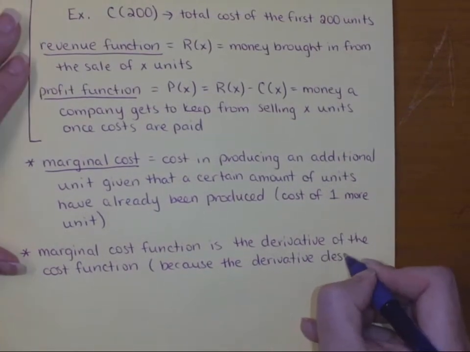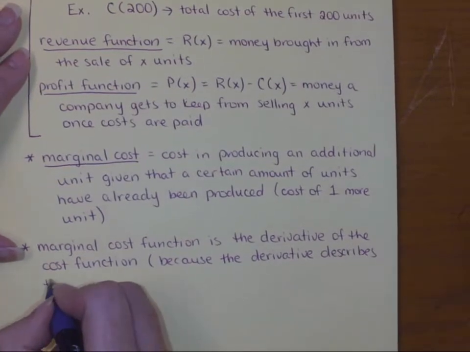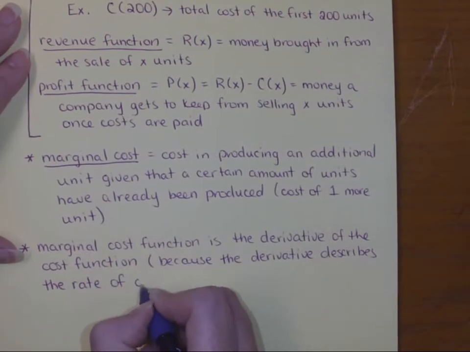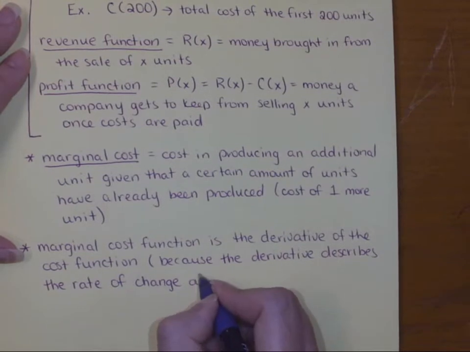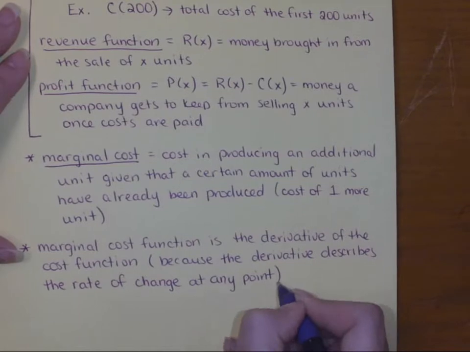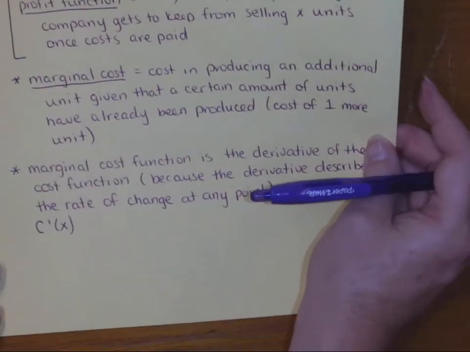So the derivative describes the rate of change at any point. And so because it's equal to the derivative, we are going to use derivative notation for that. So the marginal cost will be noted by C prime of x.